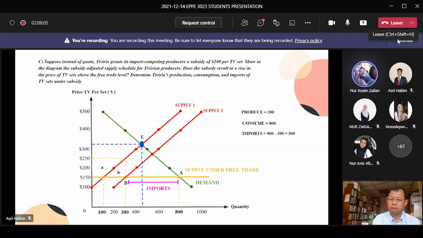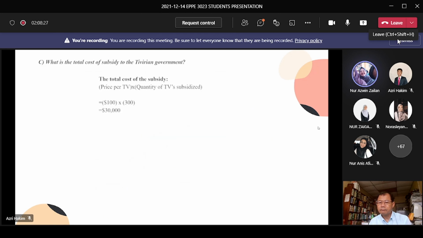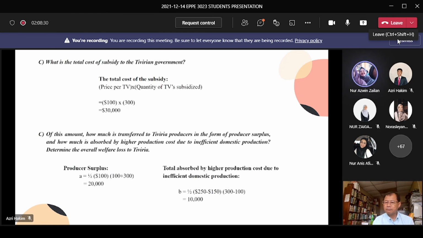In terms of trapezoid A, the width of one of the bases is equal to 100, and the other base is equal to 300. Its height is equal to $250 minus $150, so we get $100. So the area of trapezoid A is calculated as, Azri, go to the next slide, 1/2 multiplied by 100 multiplied by (100 plus 300), so we get 20,000.